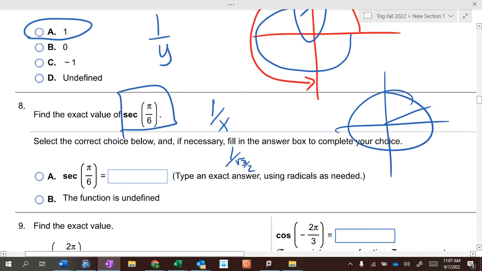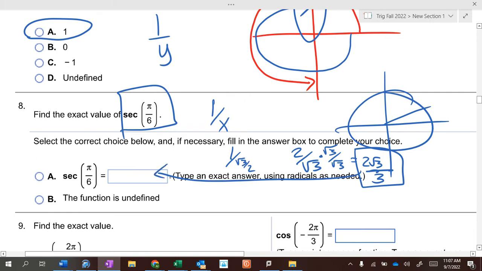When you have 1 over it, you just basically have to take the reciprocal of the denominator, which is 2 over square root of 3. Do the math gods like that? No. We have to multiply top and bottom by square root of 3 over square root of 3. So it's 2 square root of 3 over 3. That one's a little uglier.